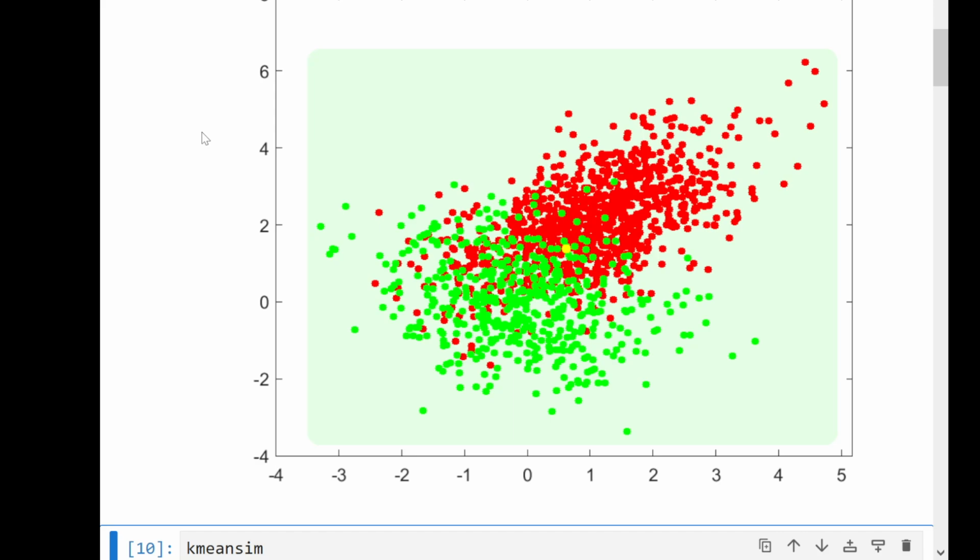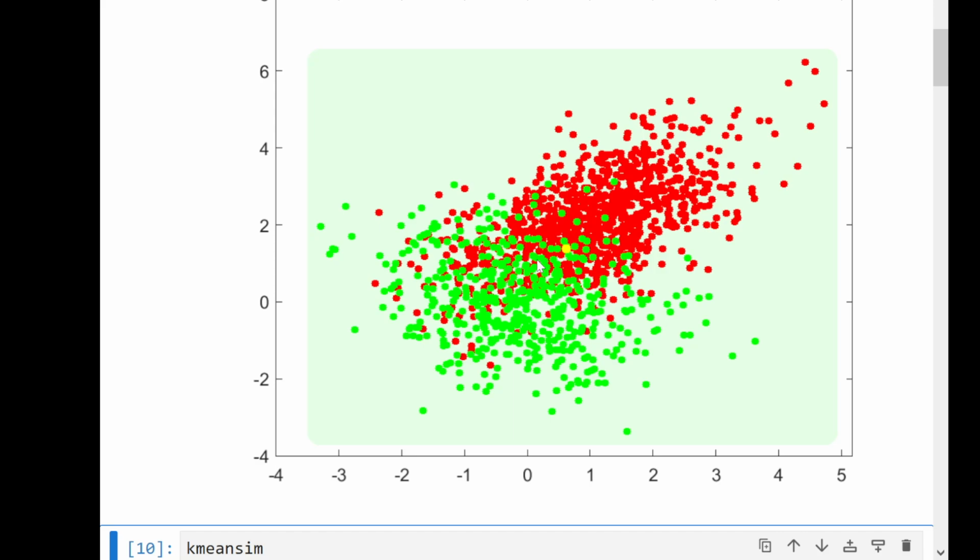So for a point way out here, that probability vector is probably going to look like 0.999 for the red distribution and 0.001 for the green distribution. But somewhere over here, I may have points that have kind of half and half, right? I don't know which distribution generated it, and in some sense it doesn't matter. So what I'm trying to do is decide not a hard membership per Gaussian, but a soft membership. And that's the basis of this algorithm we're going to talk about called the EM algorithm.